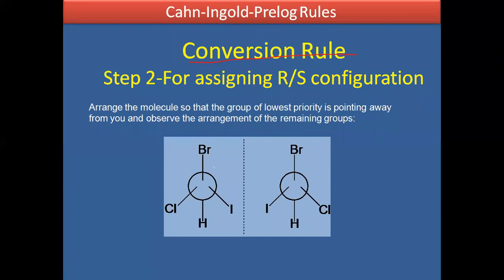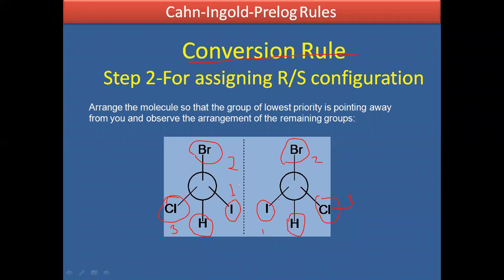Here the lowest priority group you have to place far away from you, and observe the arrangement of the remaining priority groups. Here the highest priority 1, 2 and 3. In this example 1, 2 and 3.